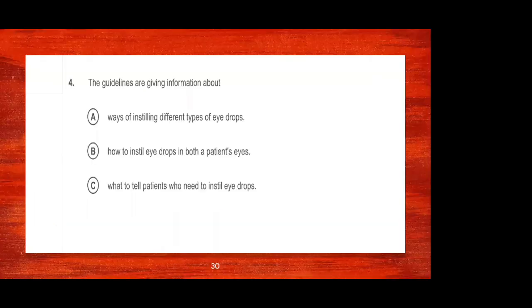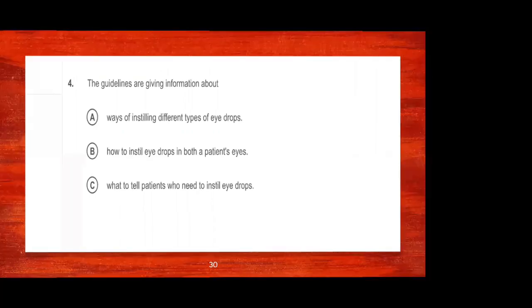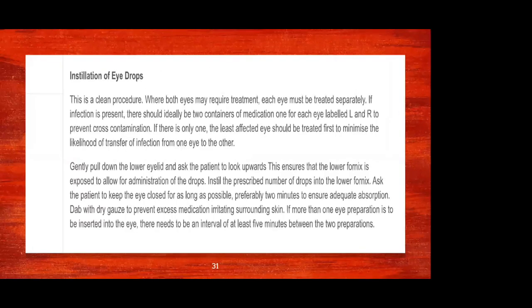How to instill eye drops in both the patient's eyes? Yes, that's right, ma'am. So B is the right answer. Where both eyes may require treatment, each eye must be treated separately, and how we should instill drops to both eyes has been explained in the first paragraph, isn't it?